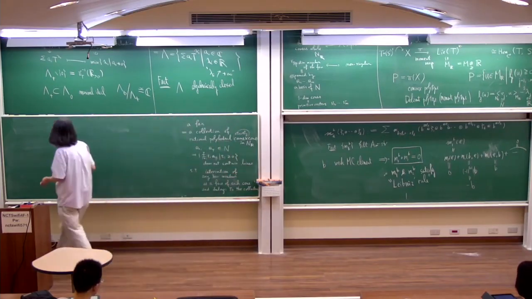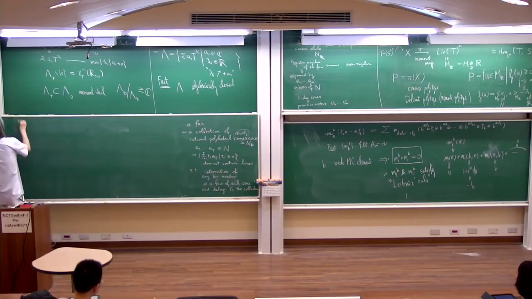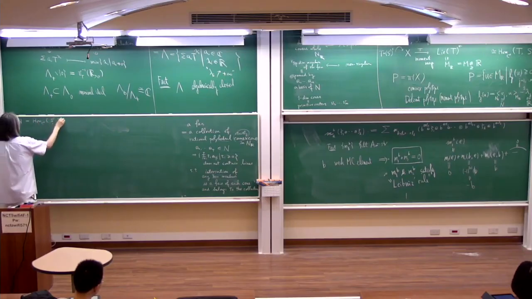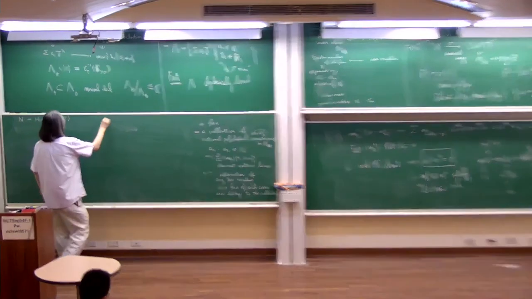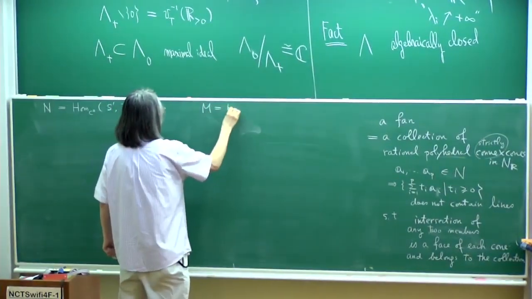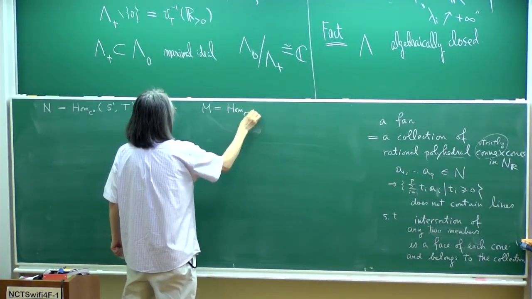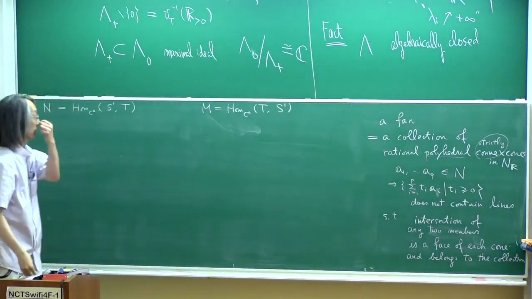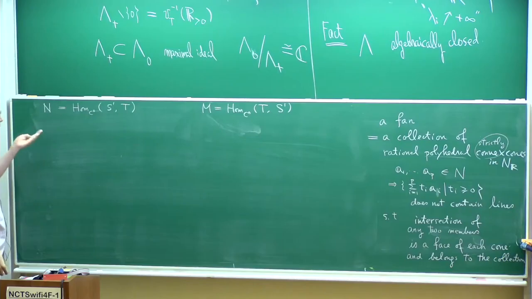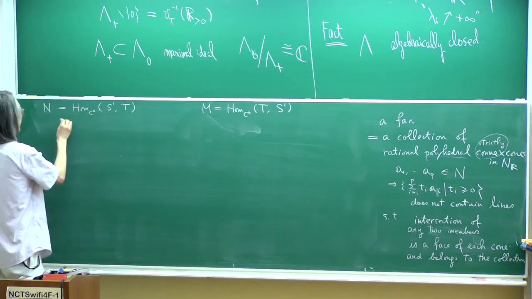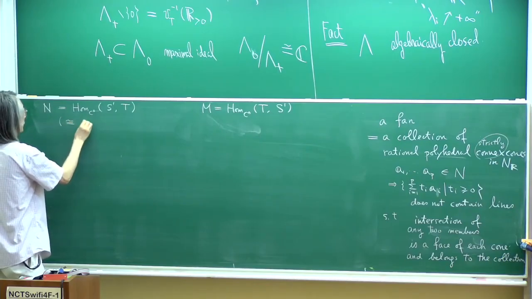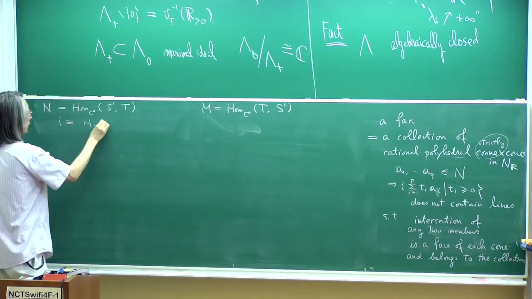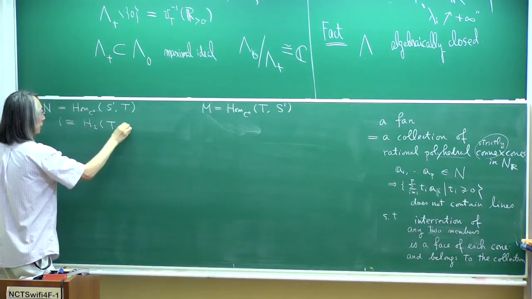Maybe I have to write N here. It is the set of continuous homomorphisms from S1 to the torus, and M is the set of continuous homomorphisms from the torus to S1, and maybe later I also identify it with the first homology of the torus.